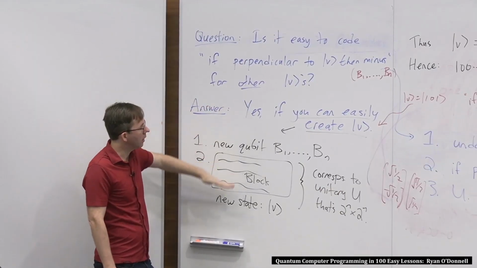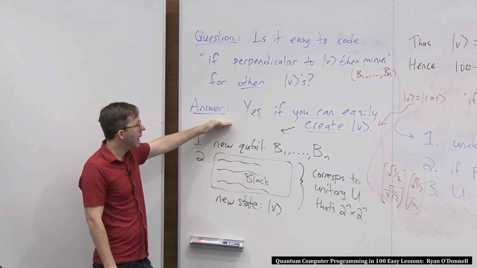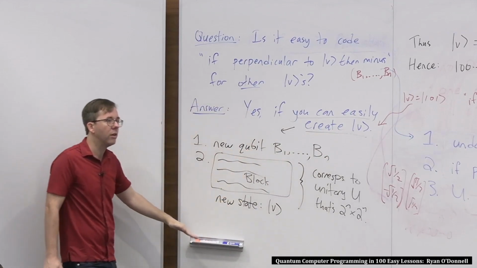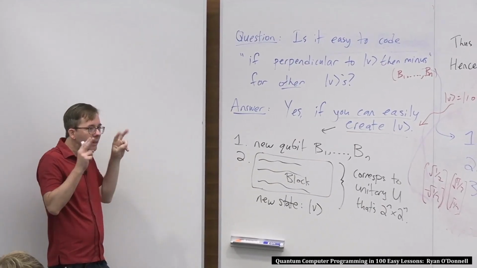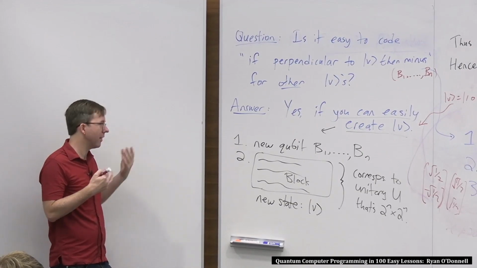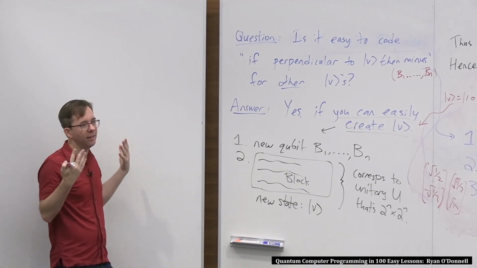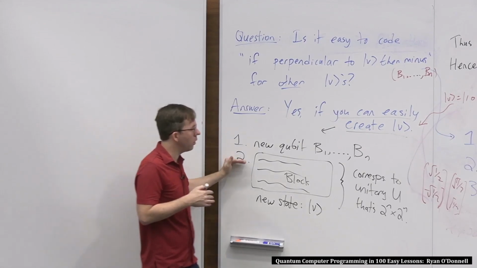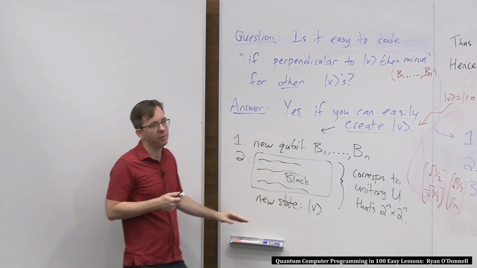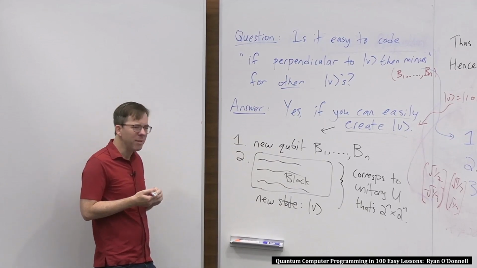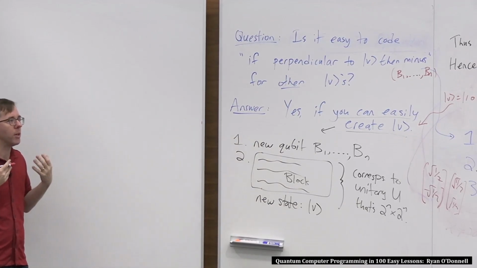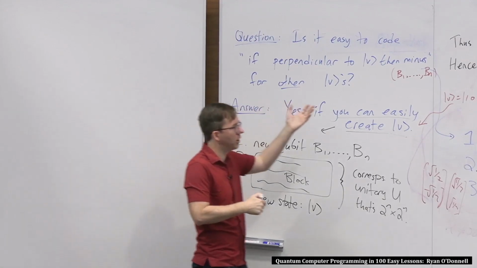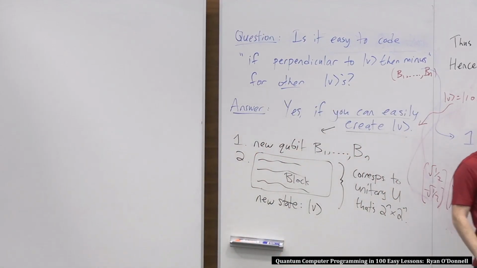So what I'm showing you here is that if v is a state that you yourself know how to create with code, so it's an easy to get a handle on state, v is not some bizarre state. It's a state that I can code up myself. Then you can also make the operation that reflects through that v. And maybe it's a good life thing to remember as well: you're trying to decide, can I program this geometric transformation with quantum code?